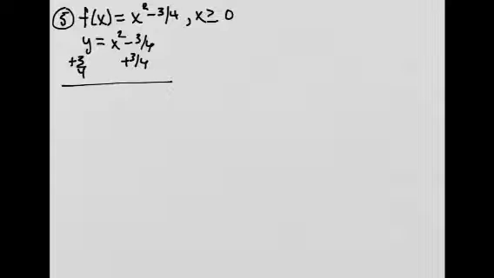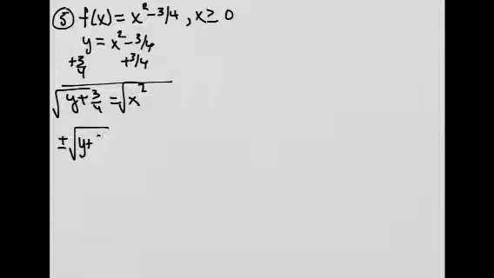So y plus 3/4 equals x squared. Take the square root of both sides. And again, because I chose the positive domain, I'm going to end up with the positive root.